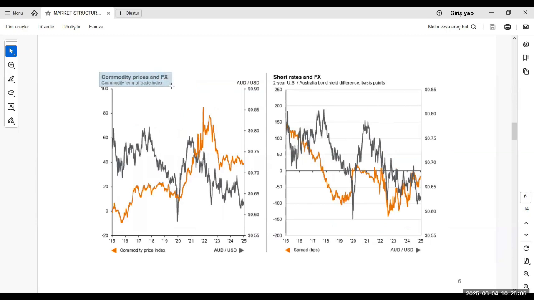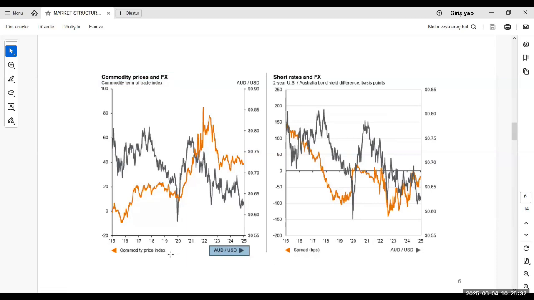So commodity prices in the world directly affect their currency, right? Australian dollar, United States dollar parity. Because if the commodity price is decreasing, the Australian dollar will depreciate, because Australia is one of the biggest producers and one of the biggest exporters of commodity products to the rest of the world.